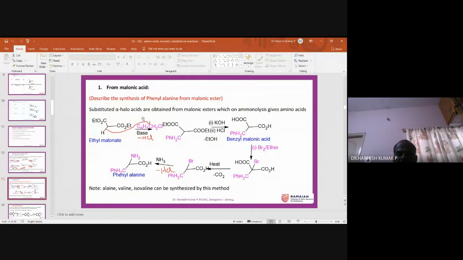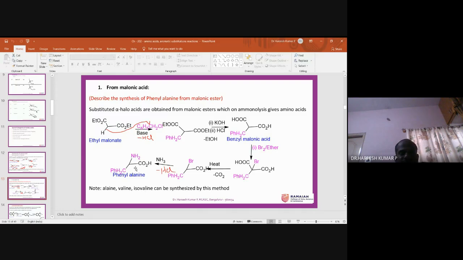This will attack the CH carbon, and in the remaining steps, in place of benzyl, you can add CH(CH3)2. There you will end up with valine as the product. This is how one can synthesize amino acids starting with malonic acid as well as the alpha halo acid.